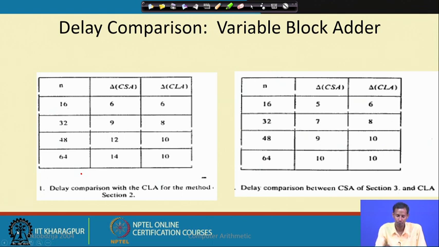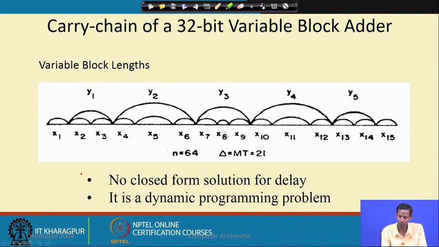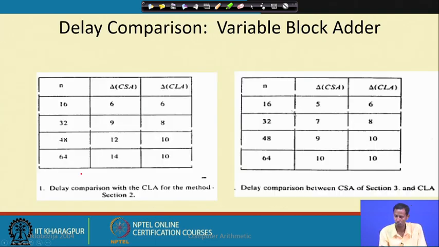And if we do the grouping in this fashion, then the delay for the same thing will be 5 and 6 over here. For 32 it will be 9 and 8, for this it will be 7 and 8, for 42 it will be 12, 10, for this it will be 9 and 10, for 64 it will be 14 and 10, it will be 10, 10.